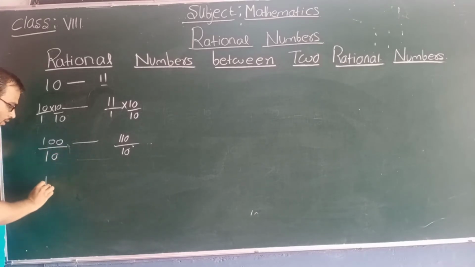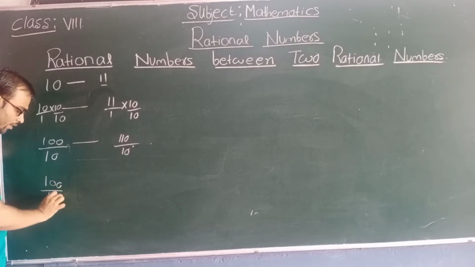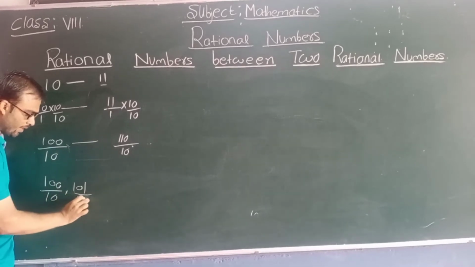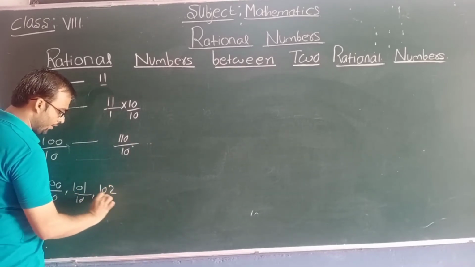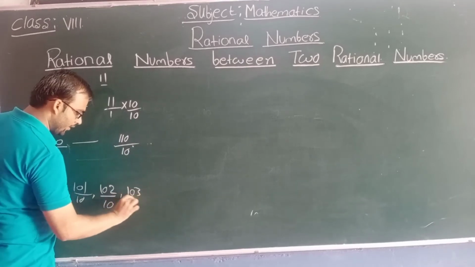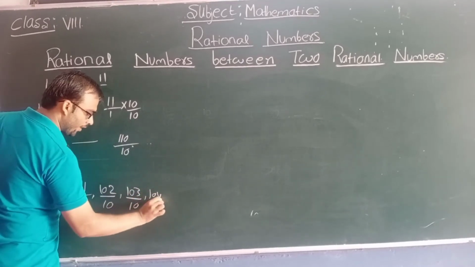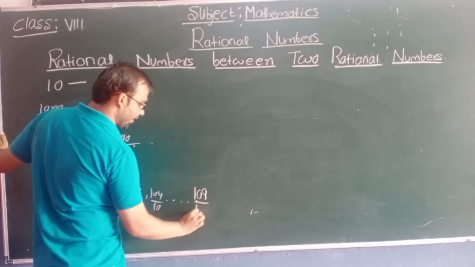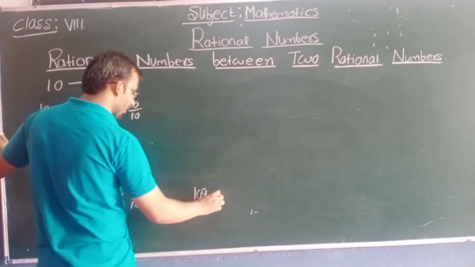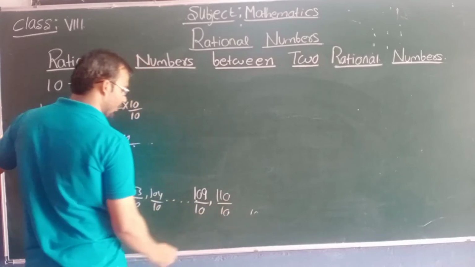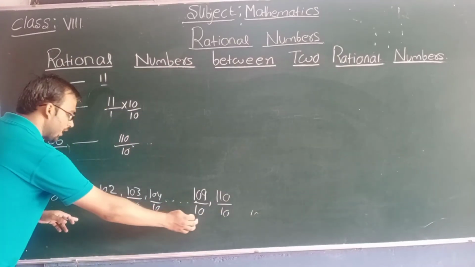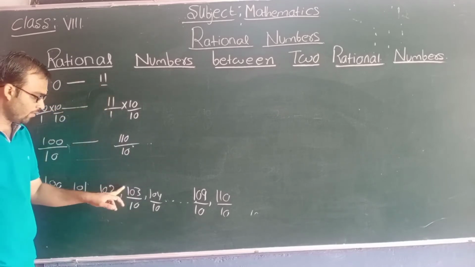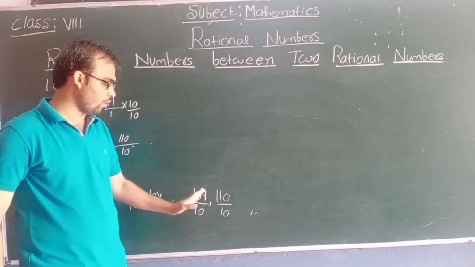Now I'll be writing the numbers between these two rational numbers: 101 by 10, 102 by 10, 103 by 10, 104 by 10, up to 109 by 10. So these are the numbers between 10 and 11.